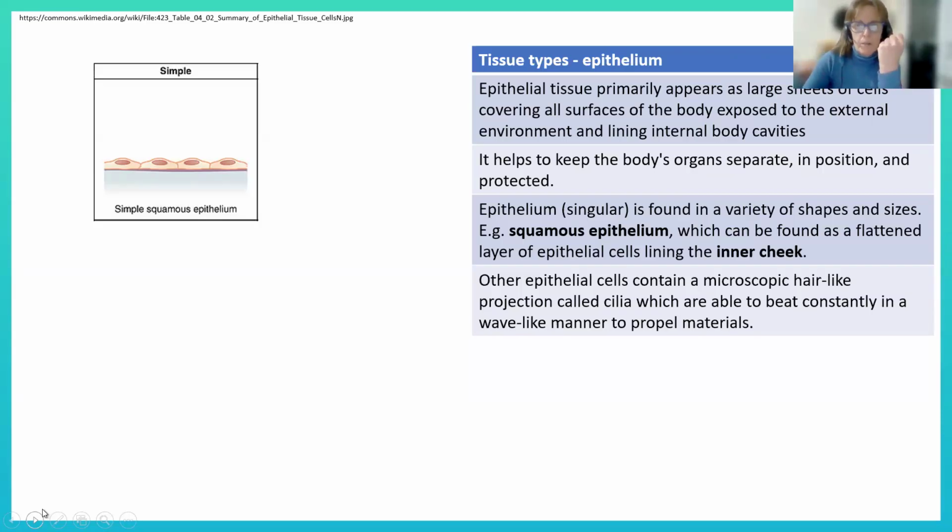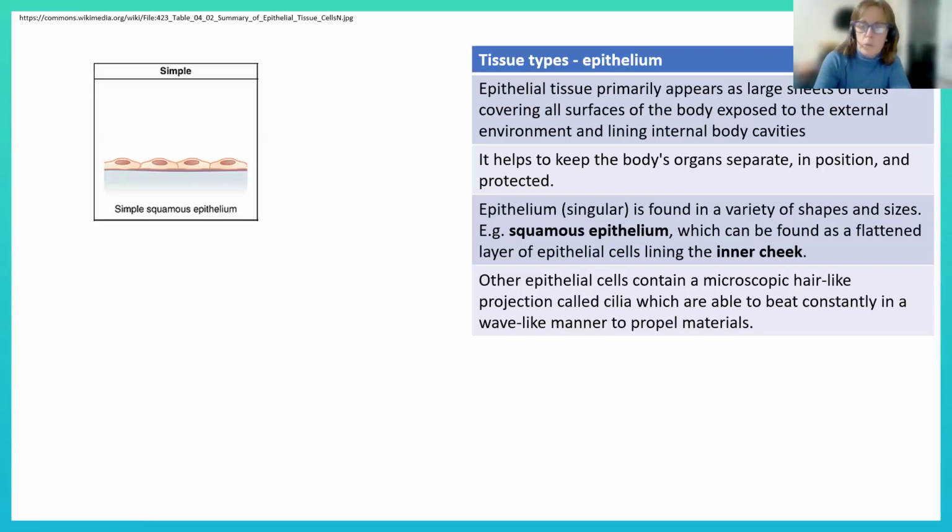So instead of it being sort of flat, let me just make sure you can see me on the screen, because I can't quite see it. So yeah, there's my hand there, rather than it being a sort of round surface, there's bits that stick out, and they tend to wave, the cilia, in lots of tissues to move things along over the surface of the cell.